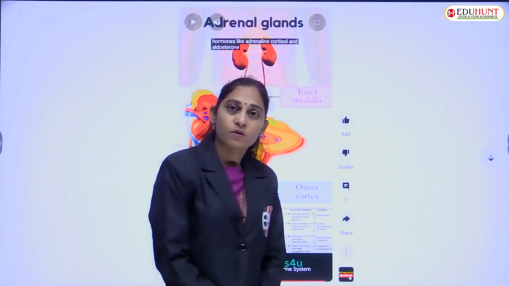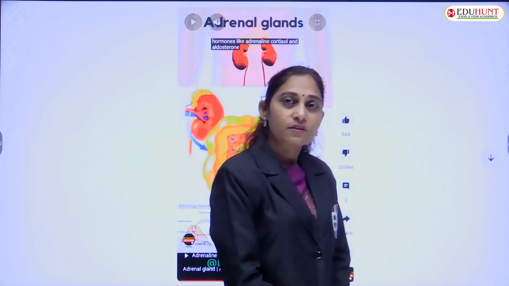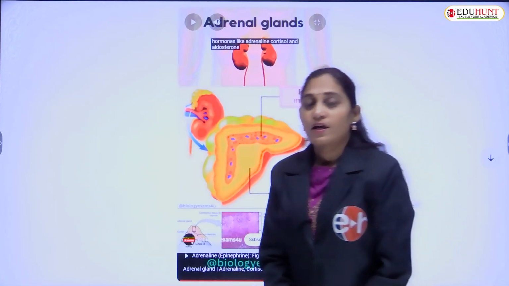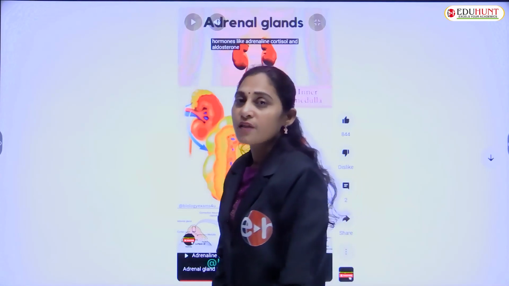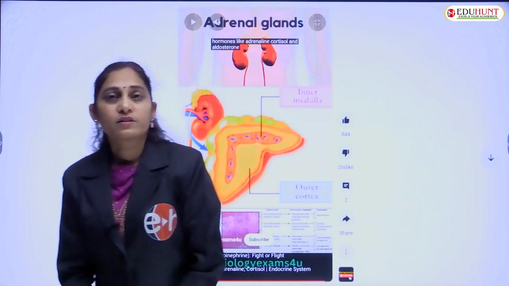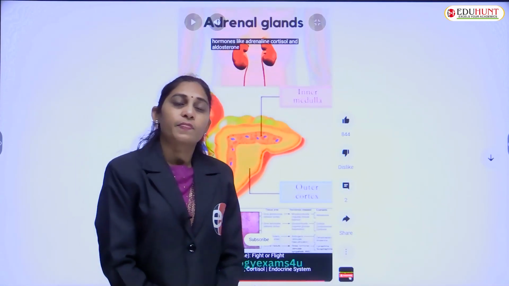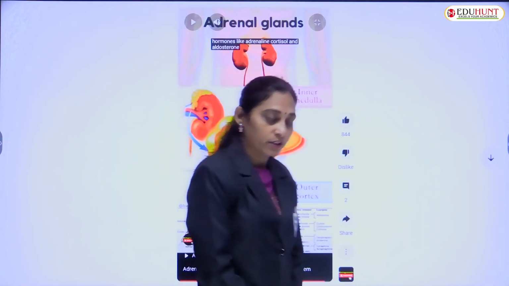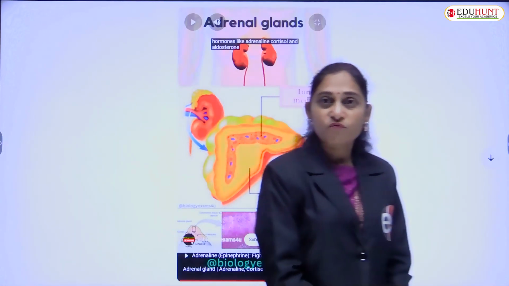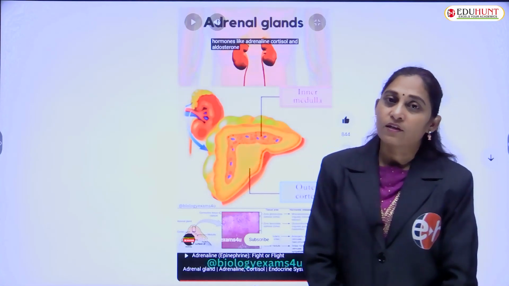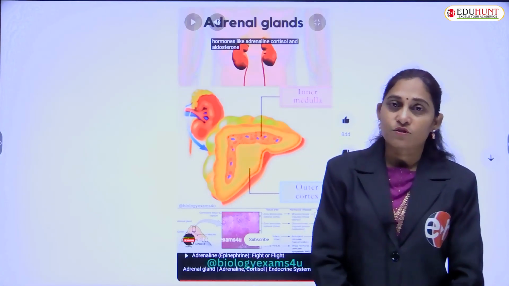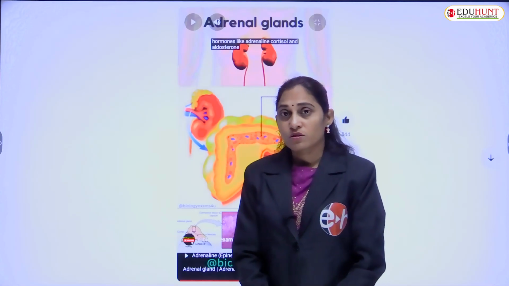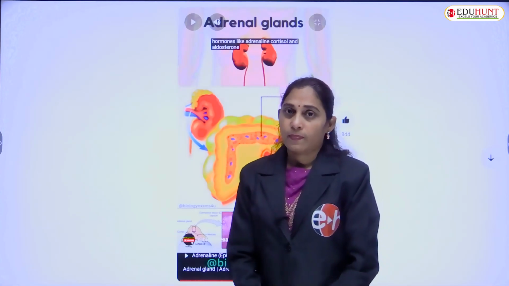The outermost part of the cortex secretes mineralocorticoids, aldosterone, and the middle portion secretes glucocorticoids, cortisol, and the third, the innermost region of the adrenal cortex, the zona reticularis, produces sex corticoids.